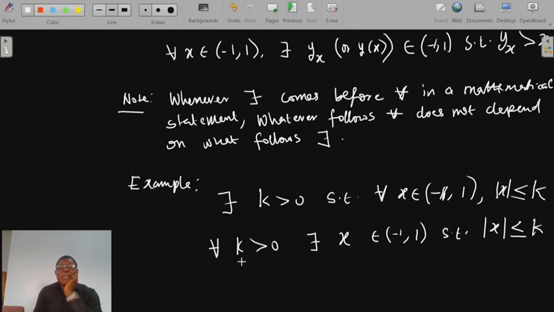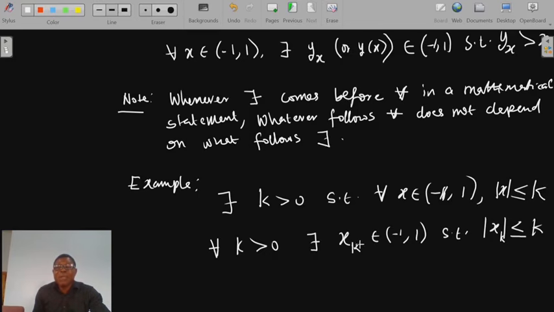And in fact, in the second statement, for the fact that for all comes before there exists, as we said earlier, what follows for there exists must depend on what follows for all. Meaning that here, I must write x sub k to show that dependence on k. But if you look at this statement, you find out that this statement is totally different from this one. These two do not depict the same thing.